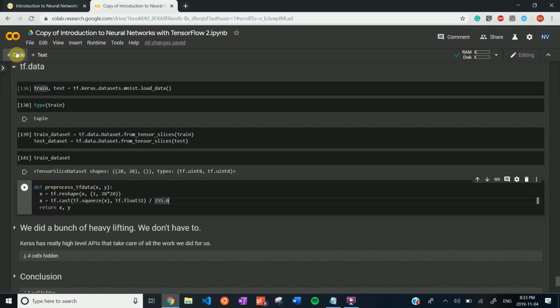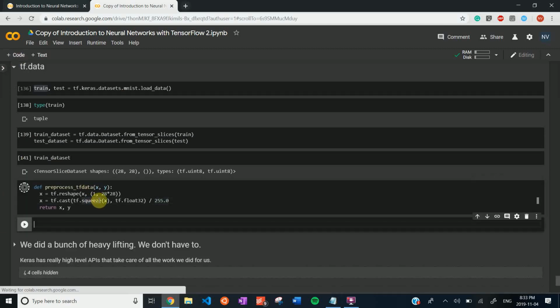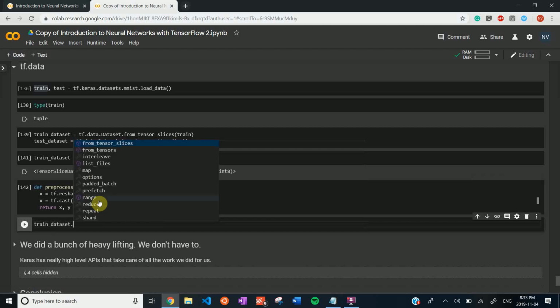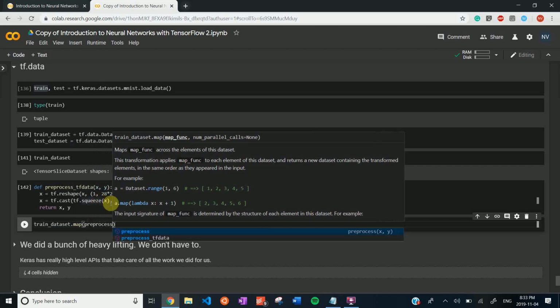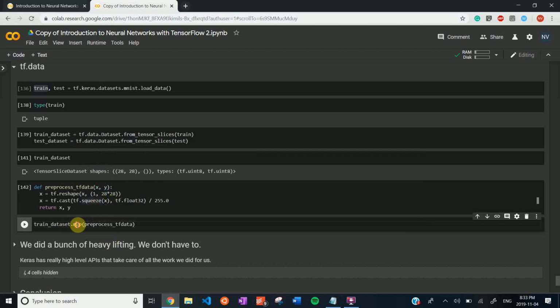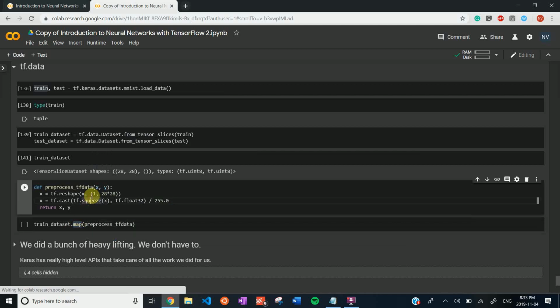Cool. And so now, how are we going to apply this to our data set? The TensorFlow Dataset API gives you some functions. For example, we can map this preprocess function over the entire data set. Map is kind of like a functional style of doing things. We have this function that will transform each example in a certain way.